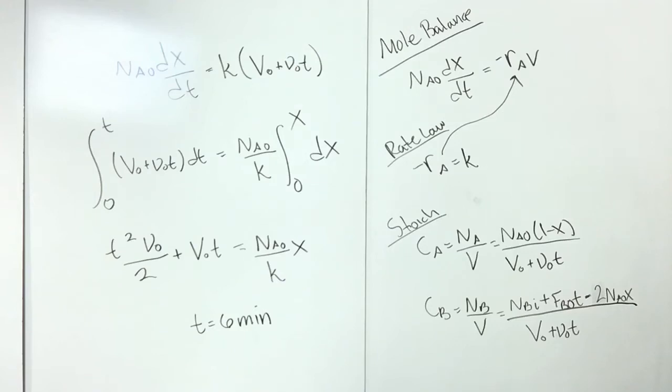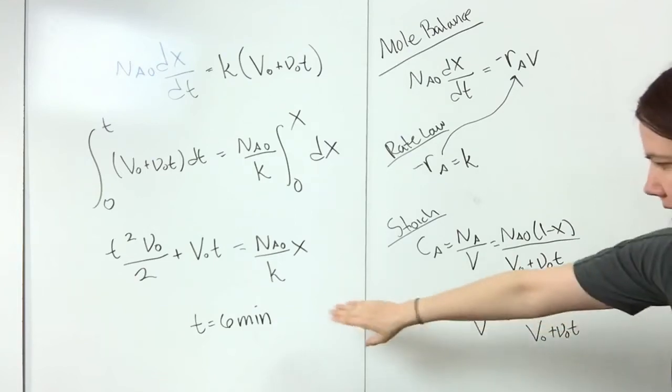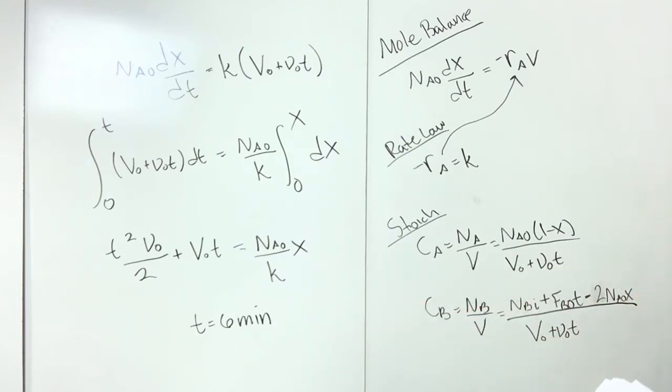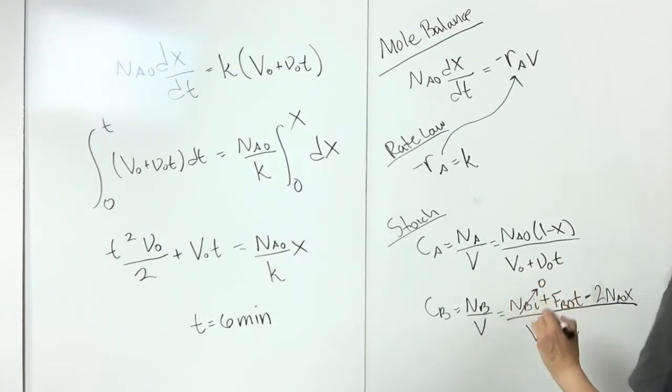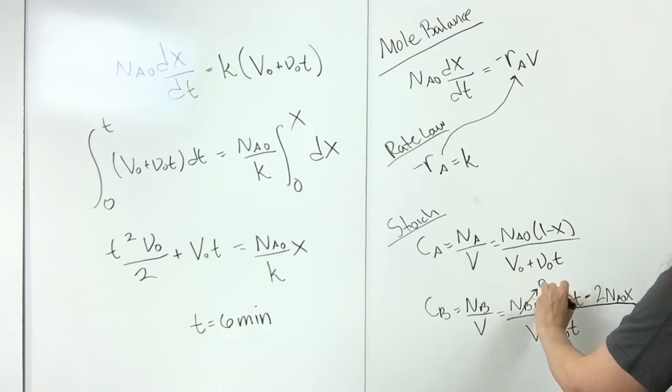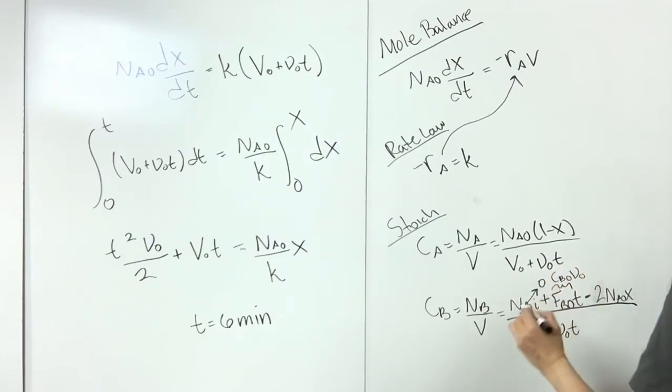The second part of the problem asked for the concentration of B at that time. If we go back to this equation, first of all, we know that this is 0 because initially there wasn't any B in the reactor. We know that this is CB naught V naught.